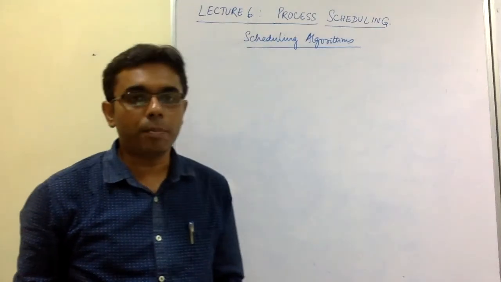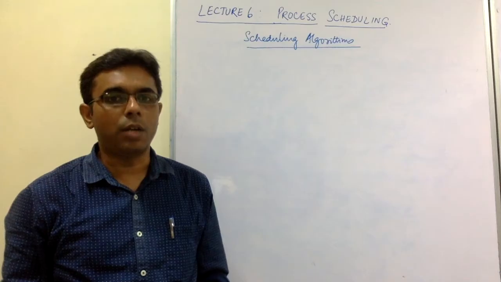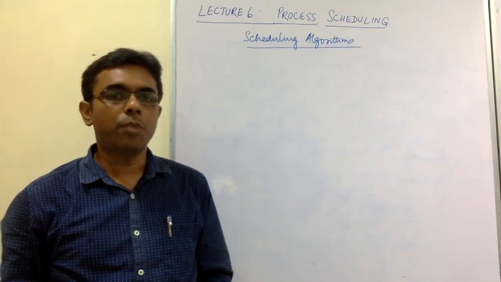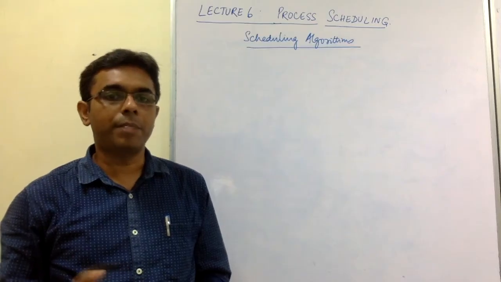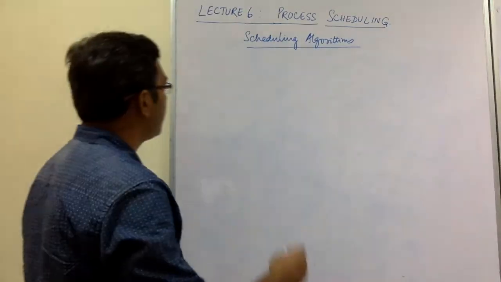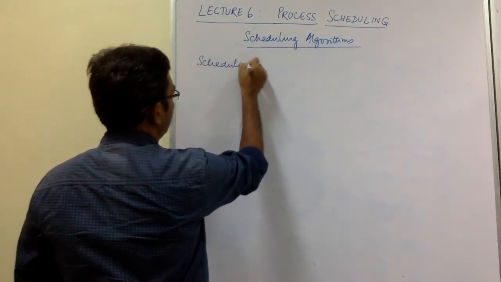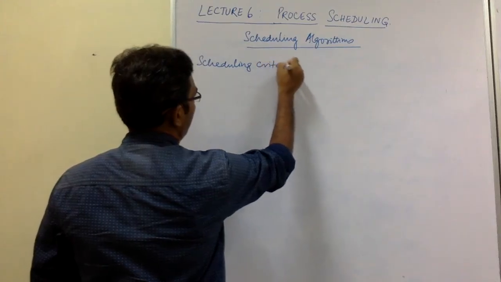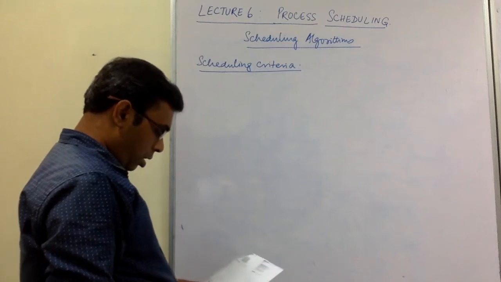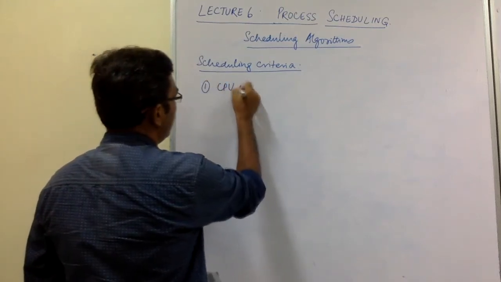So when should a particular algorithm be utilized, under what circumstances, under what kind of situation? It's important to compare them, and this comparison will be done based on certain parameters. We call them the scheduling criteria. The first parameter that we are going to talk about is CPU utilization.